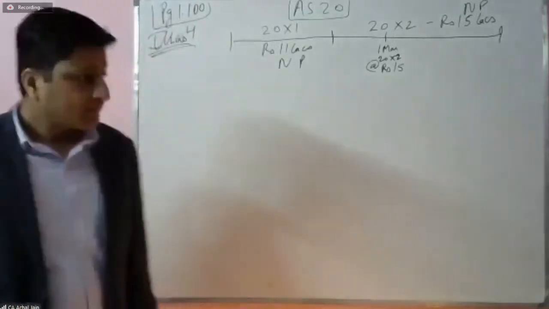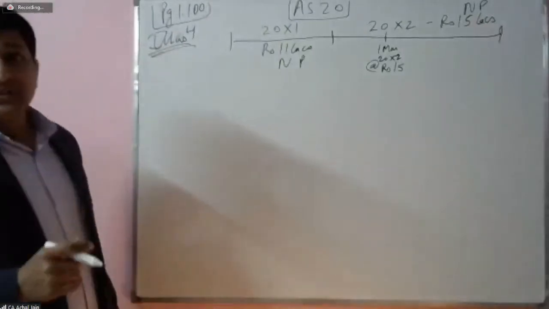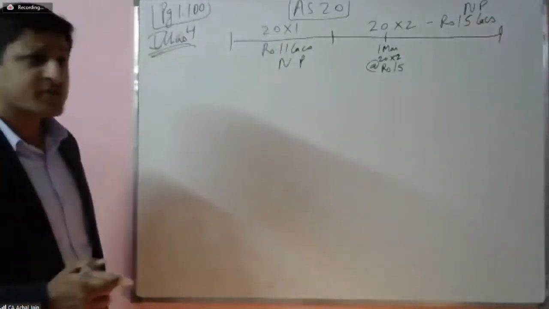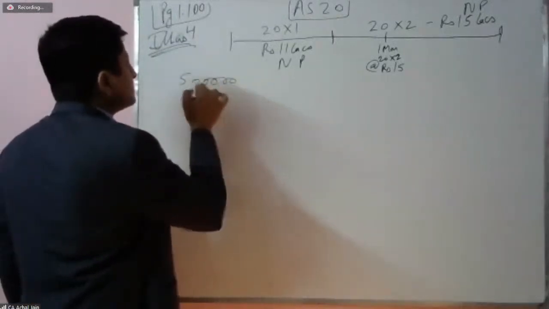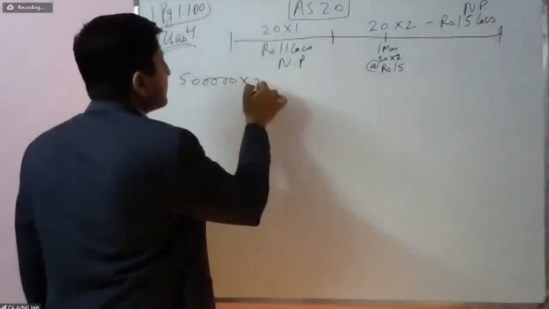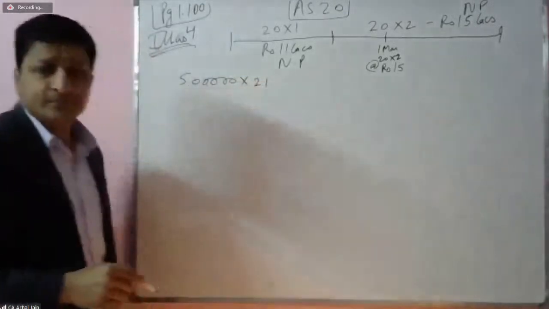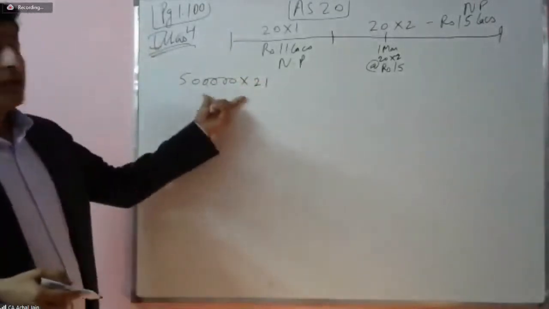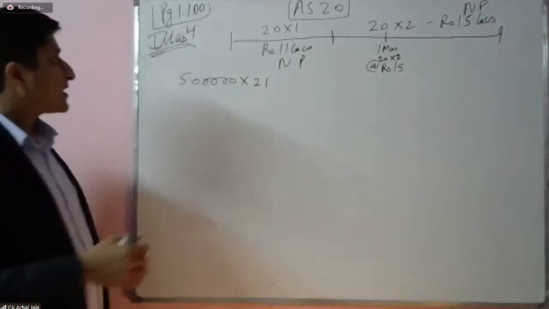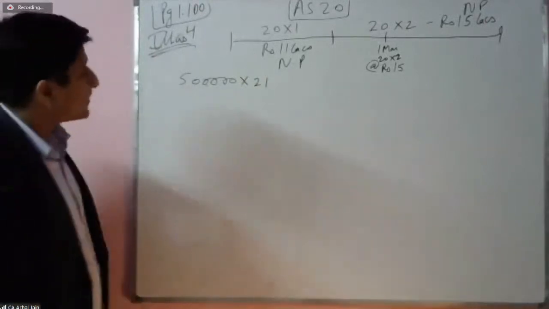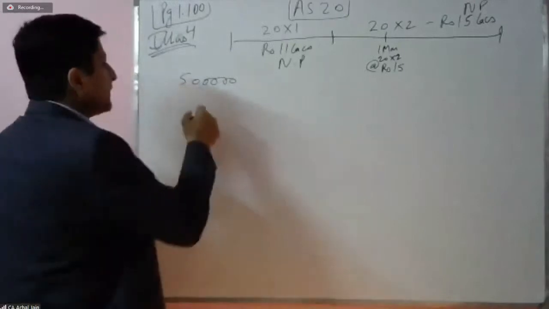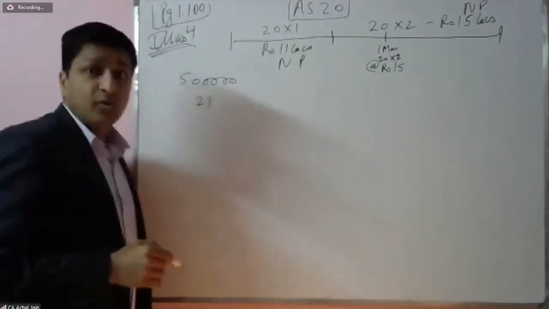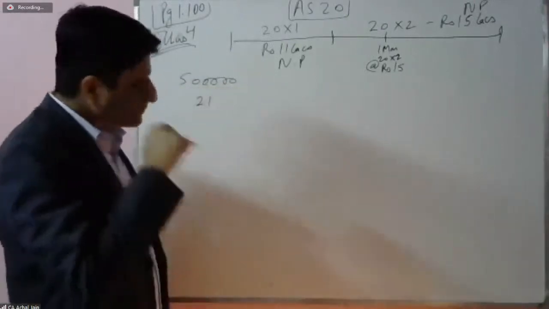Now, before the exercise of right, how many shares do we have? 5 lakh, at the rate of rupees 21. So this is the value we have before exercise of right.